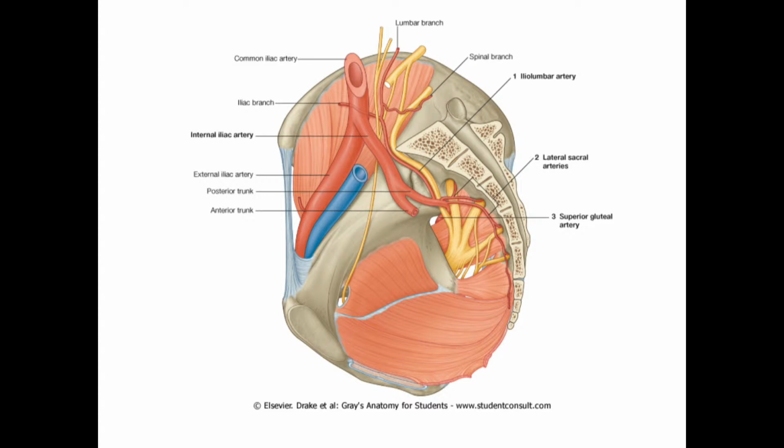So the internal iliac arteries originate from the common iliac artery on both sides, around the level of L5 to S1, and go down to the sacroiliac joint and the anterior medial side.